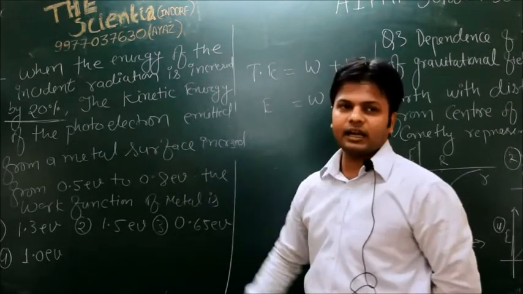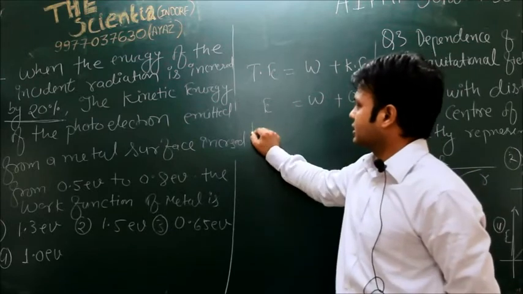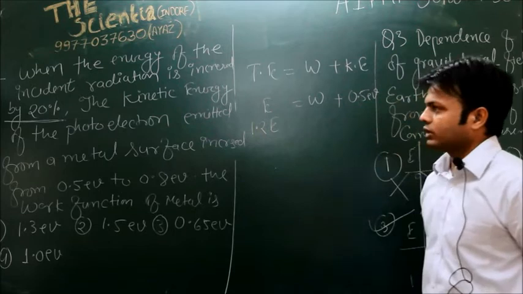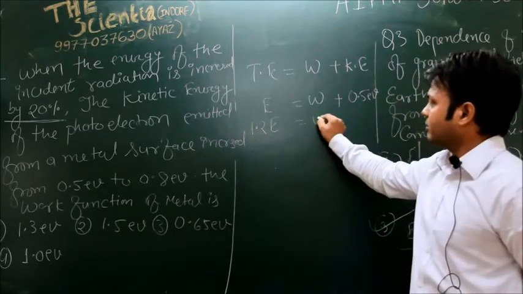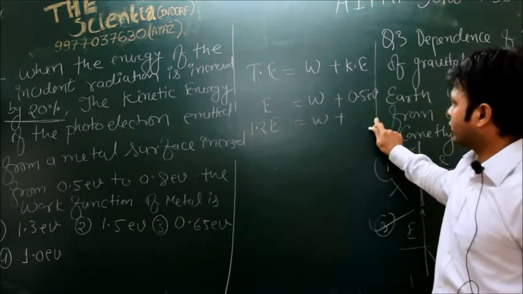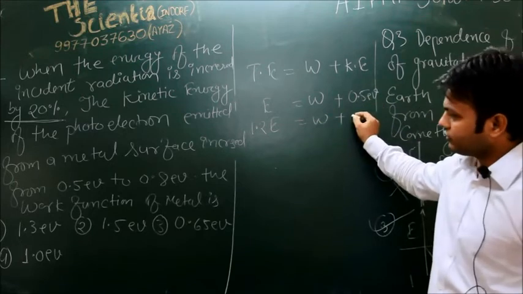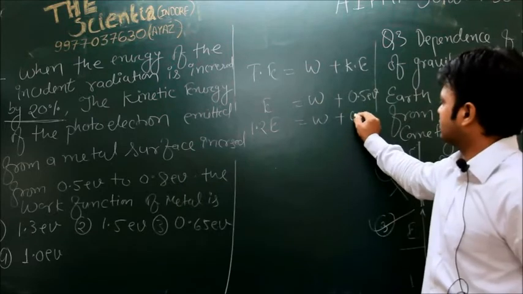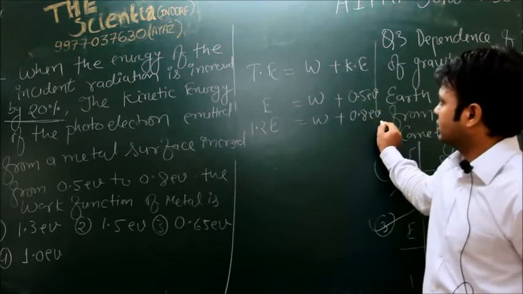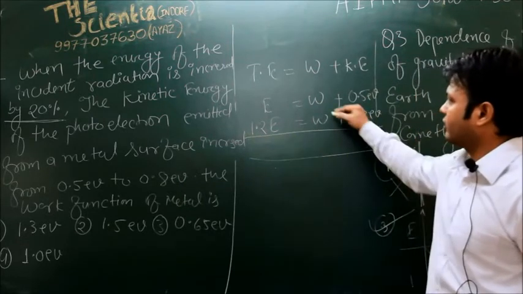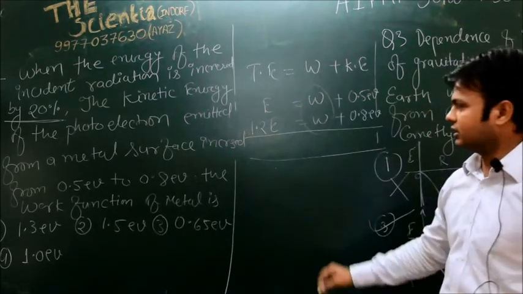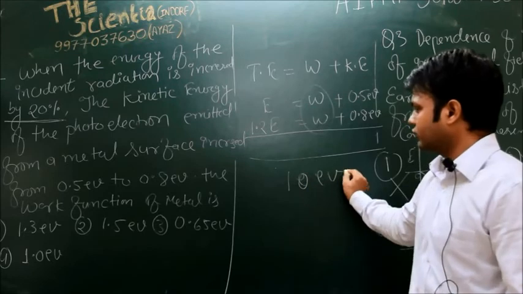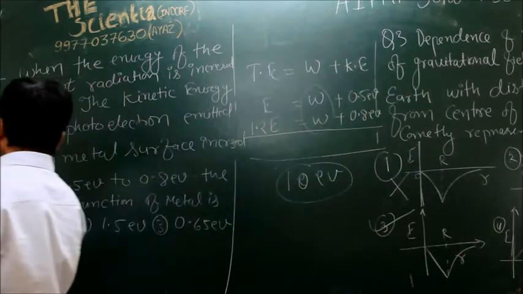Now the total energy is increased by 20%, so the new energy will become 1.2 E. The work function remains the same, plus kinetic energy, which becomes 0.8 electron volt. Then we solve the equations and find the value of the work function. So we get 1.0 electron volt. So option 4 will be correct.